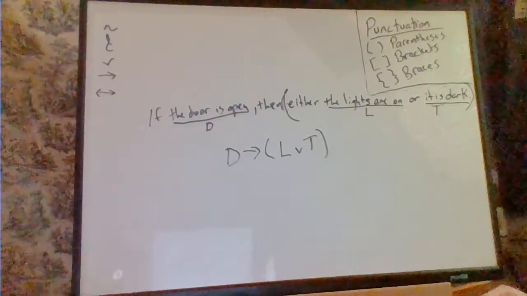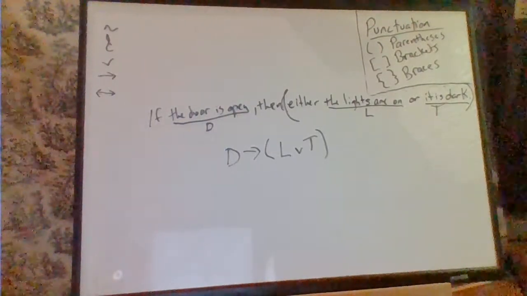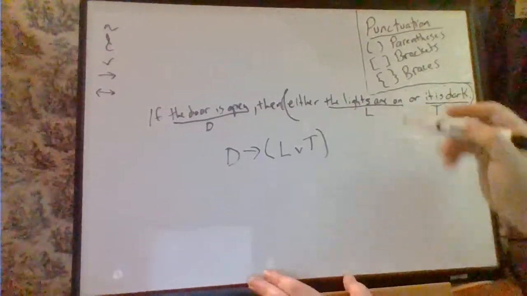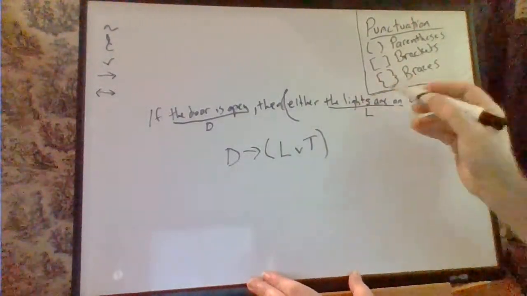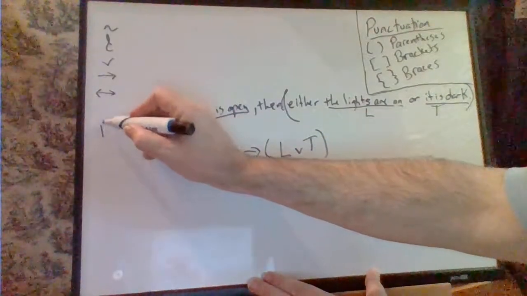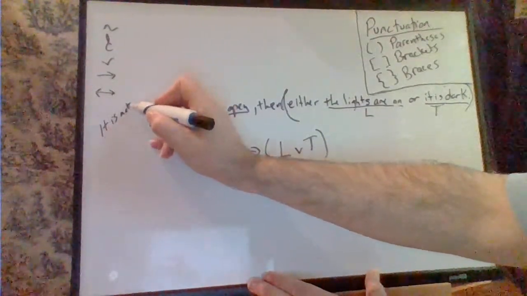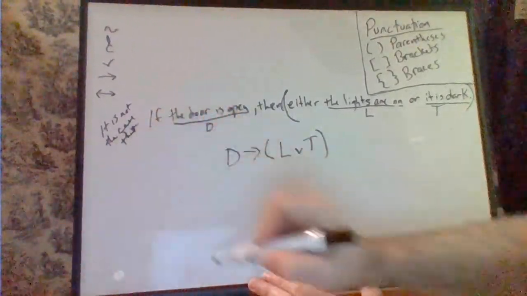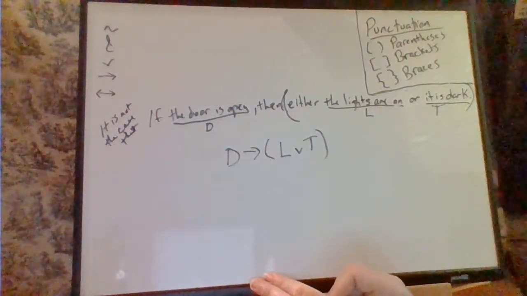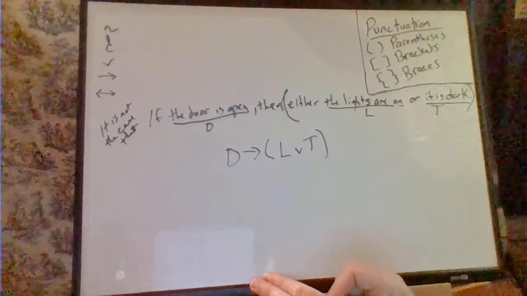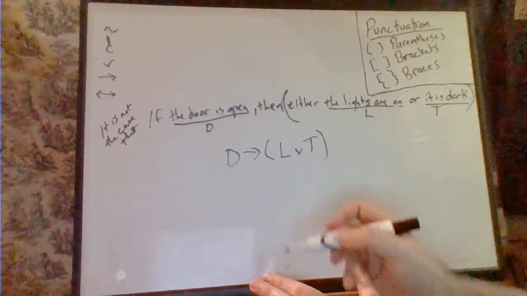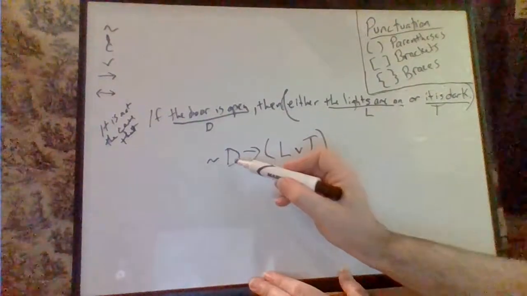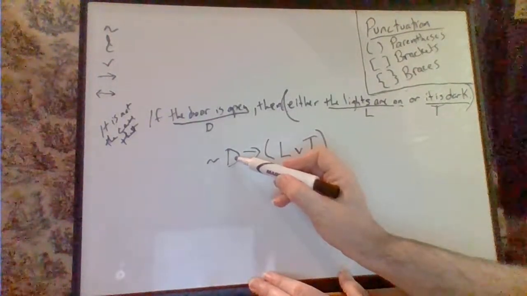Again, you're not going to see it in terms of what you're doing in the book. But if, let's say, you wanted to deny this whole claim, okay, so it is not the case that if the door is open, then either the lights are on or it is dark. Well, again, if I simply put the tilde in front of it, all that would do was to deny the statement about the door, and that's not what we want to do.